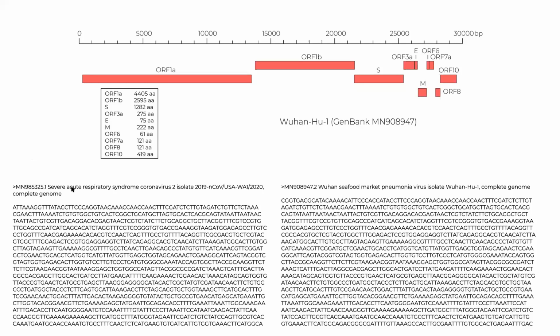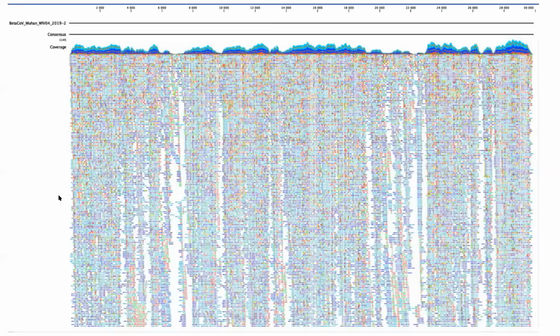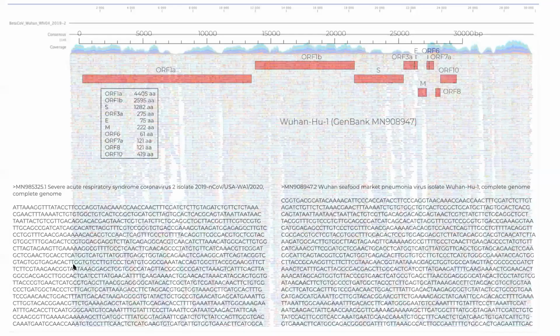So here we see severe acute respiratory syndrome coronavirus 2, isolate 2019 novel coronavirus USA, WA stands for Washington, 1/2020. So this is January 2020, complete genome. Right, so this is the consensus. Just to have a sense of the difference between the FASTQ file, which contains all the individual reads, and a FASTA file now, which is the consensus genome.